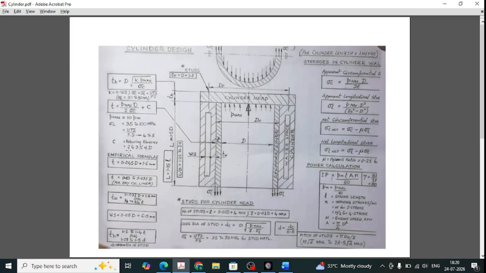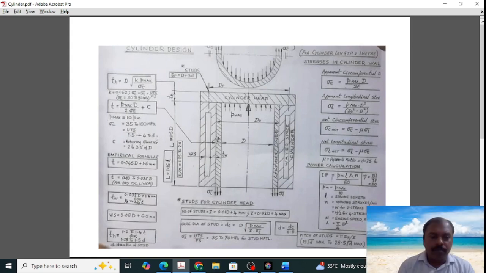There is one table in the data book where we can find the reboring allowance, and this sigma C could be taken as 35 to 100 megapascal, or otherwise it could be calculated using UTS by Fs. UTS is the ultimate tensile strength, and Fs is the factor of safety, and you could calculate the thickness of the cylinder.